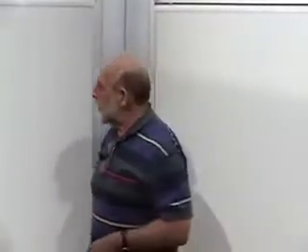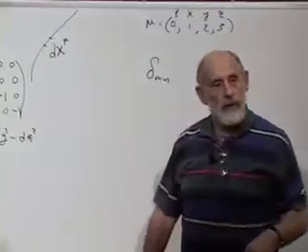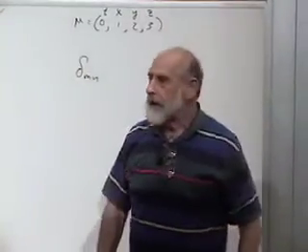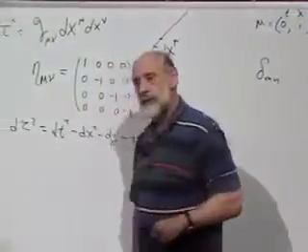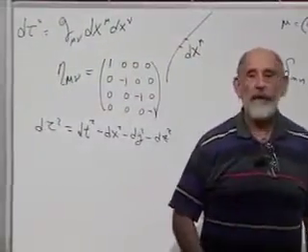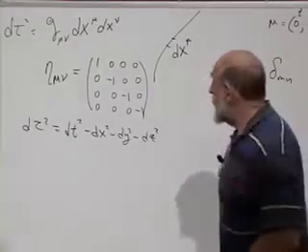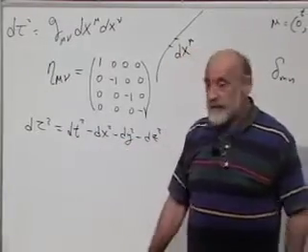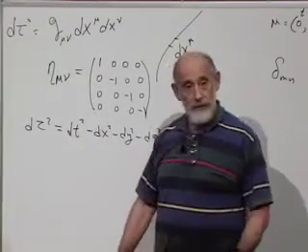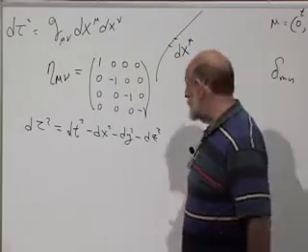Where would I put the speed of light if I wanted to include it in this formula? Well, if I wanted tau, which is called proper time, to have units of time, then I wouldn't want to put the speed of light in front of dt squared, because the speed of light has units of velocity, kilometers per second.